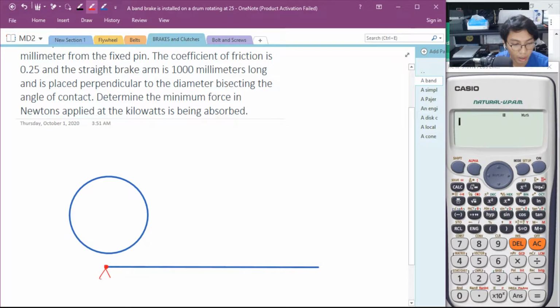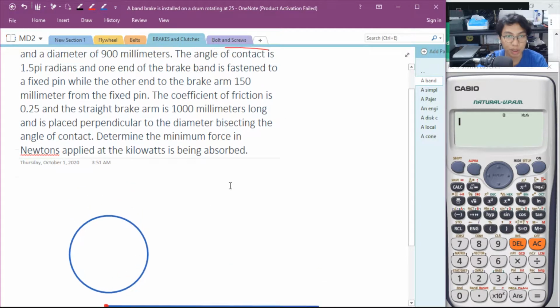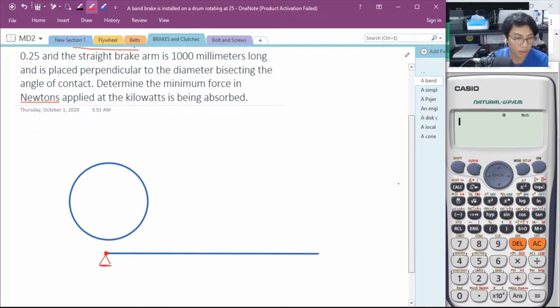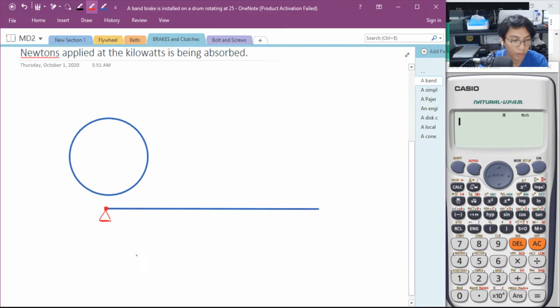Tensya nun yung aking drawing. The coefficient of friction while the other end to the brake arm is 150 mm from the fixed pin. Okay, tama natin yung drawing.